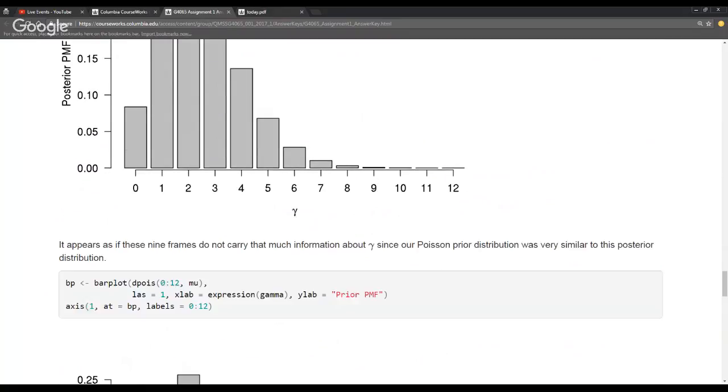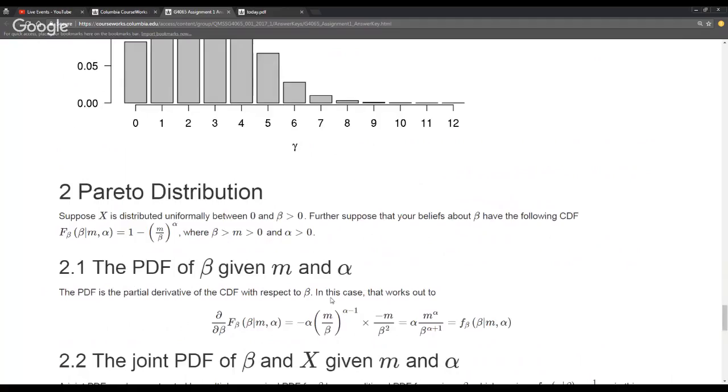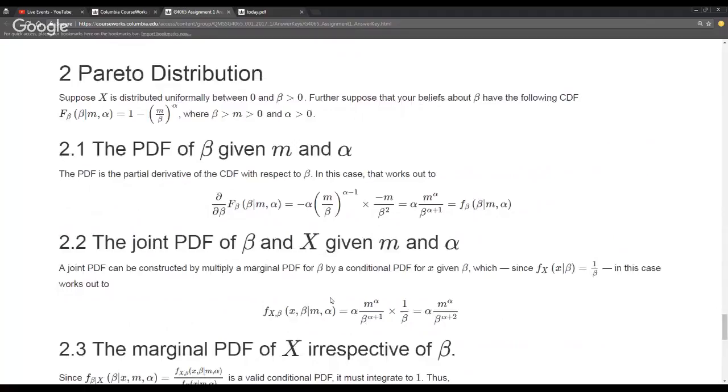Okay, question 2 I'm going to say is a little bit easier, but in general, dealing with continuous random variables and Bayes' rule is going to be harder. This was one of the rare cases, albeit sort of concocted, where you can work through it analytically.